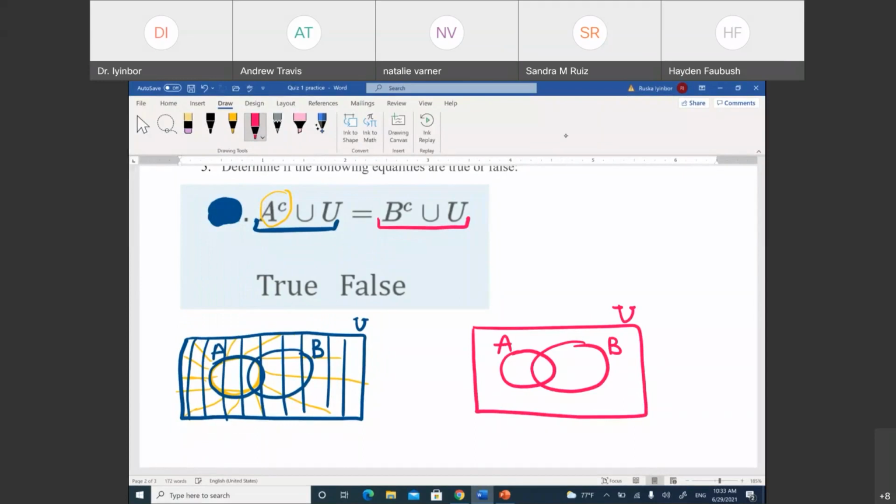First, you're going to shade B complement. B complement is outside of B. So this is B, and you shade everything outside of B. Then the union with the universal set means I'm going to shade everything in this box again.